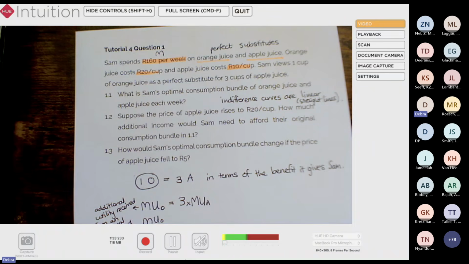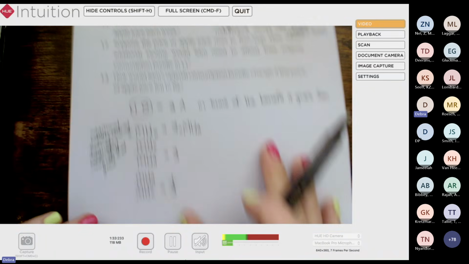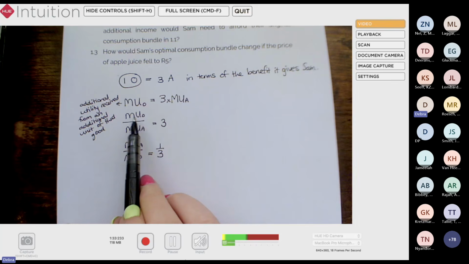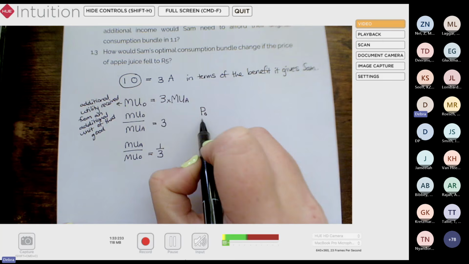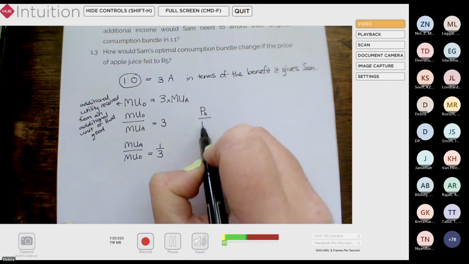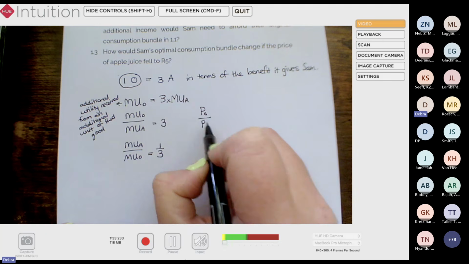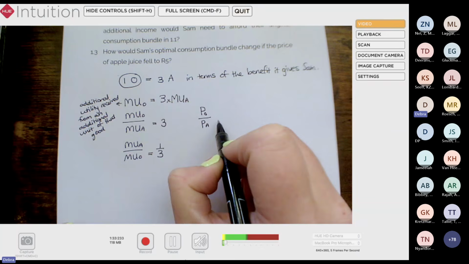Okay, so if I represent that also theoretically, what I'm saying is that the price of orange juice divided by the price of apple juice, which is 20 Rand over 10 Rand, is 2.